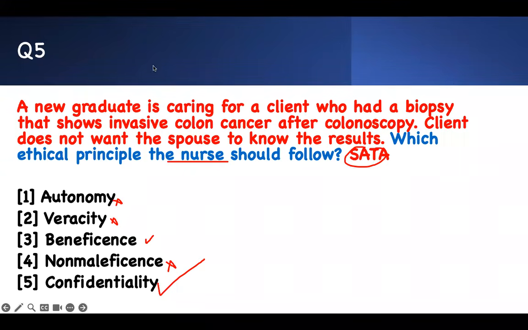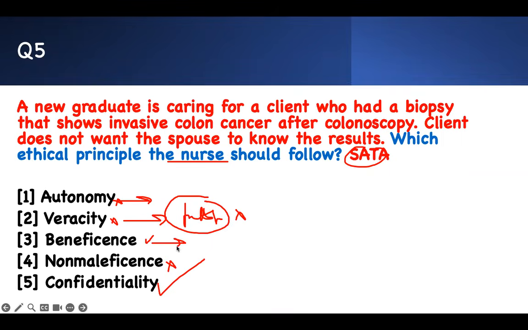You just have to listen to what the patient is telling you. Autonomy, the patient makes that decision. So she has autonomy not to tell the husband, right? Veracity, you have to be truthful to the husband and the patient, but the patient said, don't tell. So the patient you're taking care of is the patient. So be truthful to the patient, and when she said don't tell, okay?